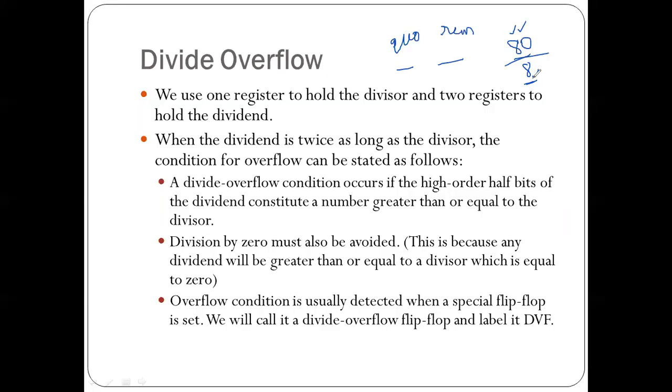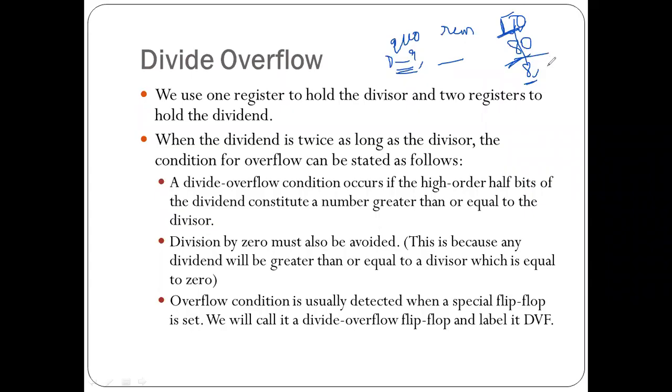Check this condition 8 by 8. The first half of your dividend is greater than or equal to your divisor, so I'll have 1 here and 0 here. I get 2 digits for my quotient, but I can store a quotient with only 1 digit, which can vary from 0 to 9. I cannot store 10 in my quotient register.